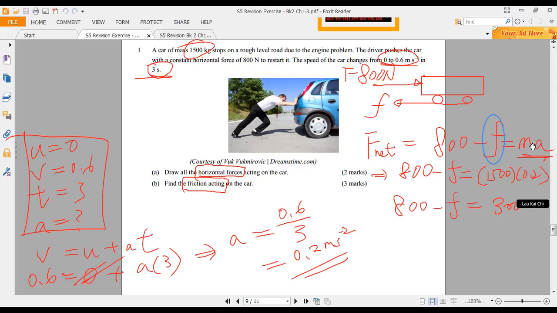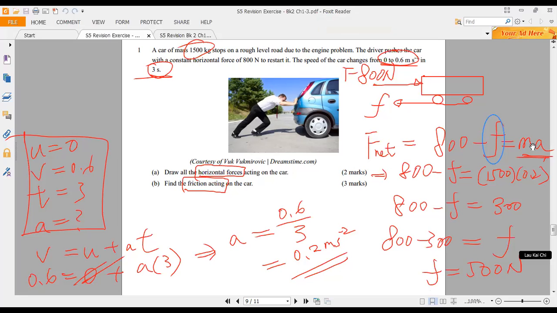So F is equal to 800 minus 300, so the answer is 500. All right, that is the method we find the friction. F equal to 500. Okay, this is the way we handle this question.